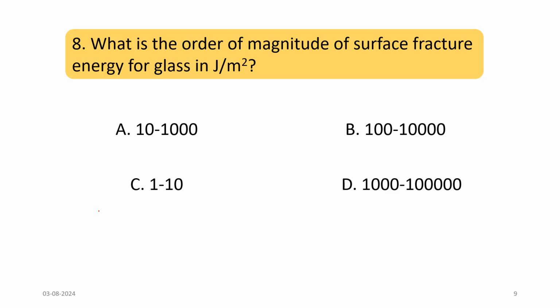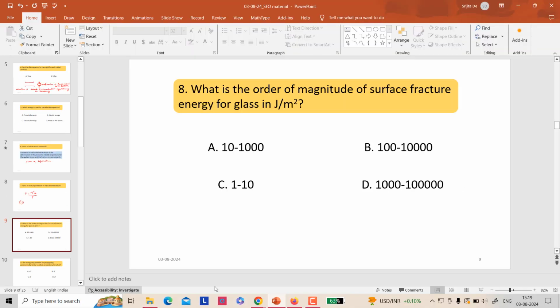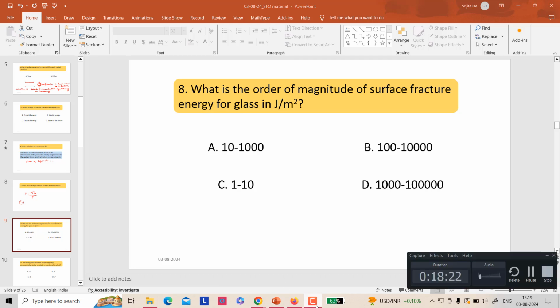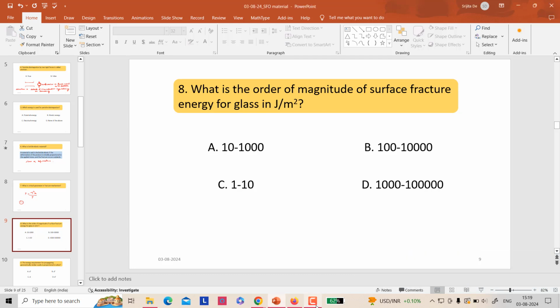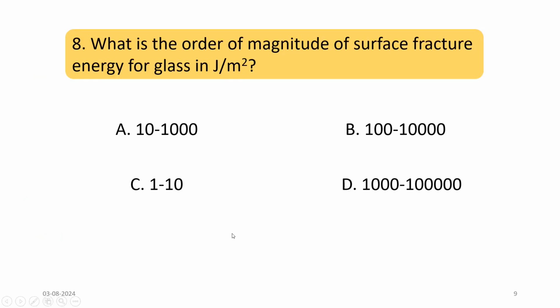Next, what is the order of magnitude of surface fracture energy for glass? So this is 1 to 10 for glass.